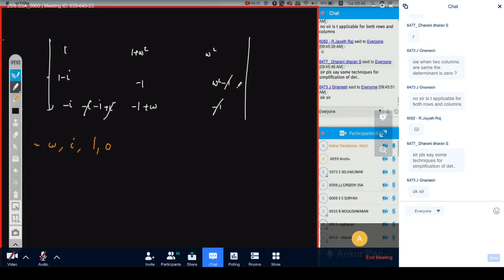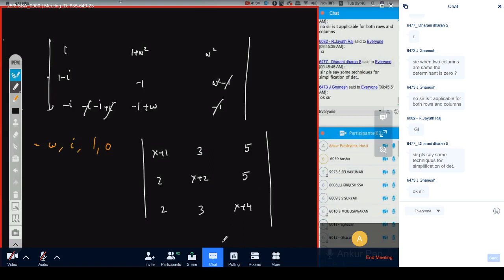For example, I have in front of me the determinant with rows x plus 1, 3, 5; 2, x plus 2, 5; 2, 3, x plus 4.